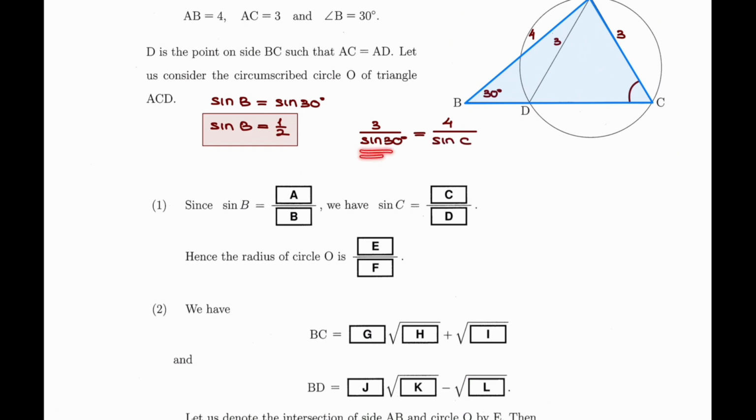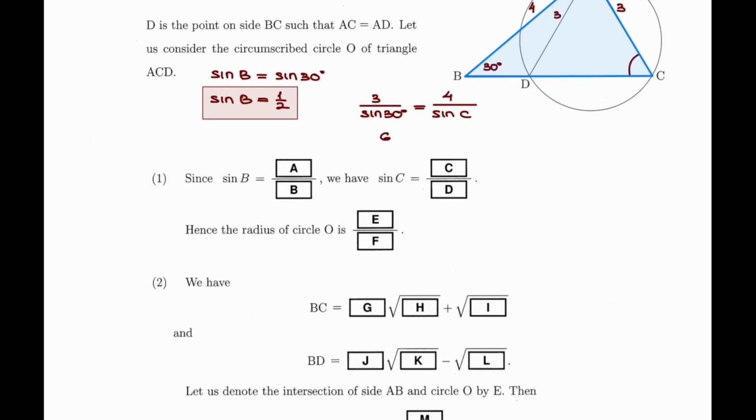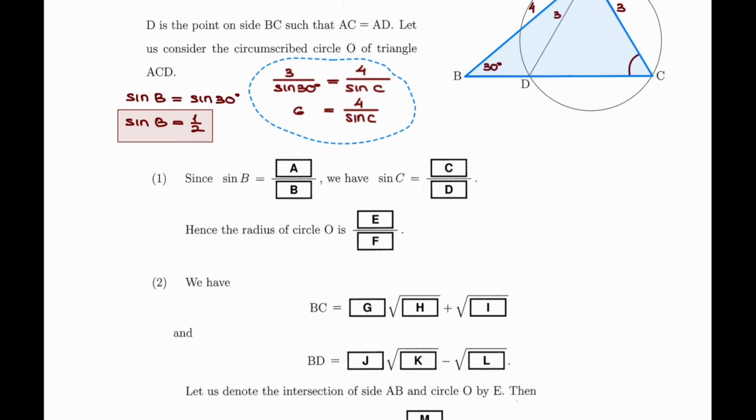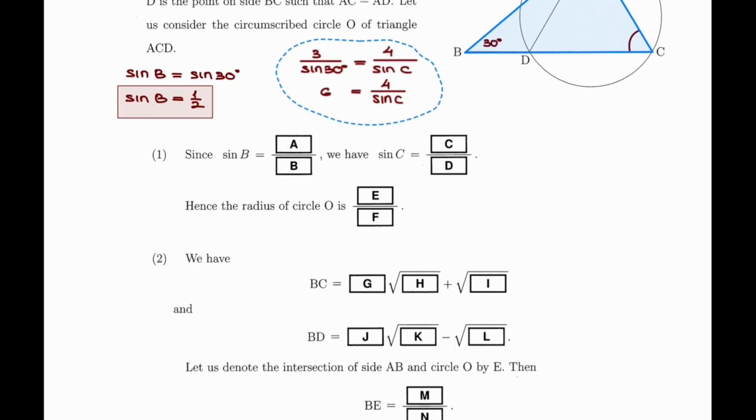Sine 30 is equal to half. 3 divided by half is equal to 6. So I got 6 equals 4 over sine C. Therefore, sine C is equal to 4 over 6, which is 2 over 3.